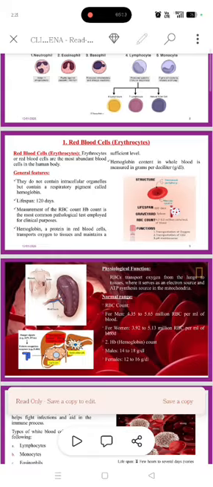General features: they do not contain intracellular organelles but contain a respiratory pigment called hemoglobin. Lifespan 120 days. Measurement of the RBC count and the hemoglobin count is the most common pathological test employed for clinical purposes. Hemoglobin, a protein in red blood cells, transports oxygen to tissues, and hemoglobin content in whole blood is measured in grams per deciliter.